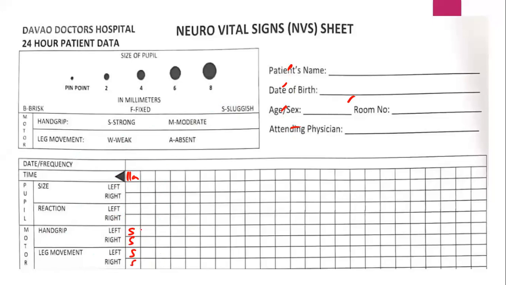Pag moderate naman, sulat yung M. Pag weak, lagay yung W. For example, 12 p.m., 1 p.m., 2 p.m. Sir, pwede ba na strong yung left tapos weak yung right? Pwede, no? Baka pala meron siyang right-sided paralysis, or right-sided weakness. Alright? So, yan.